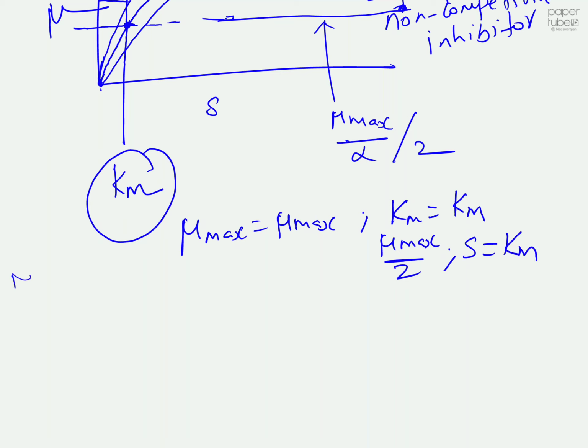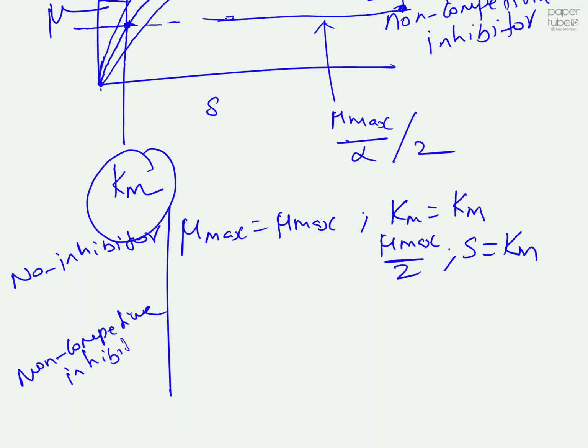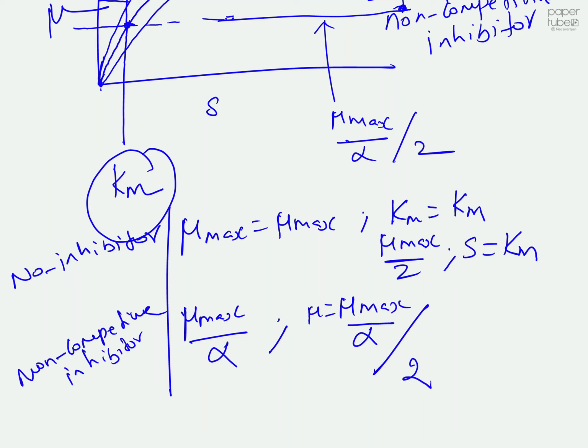So this is for no inhibitor. But when you have a non-competitive inhibitor, your maximum initial velocity will be equal to mu max by alpha, and your initial velocity will be equal to mu max by alpha by 2, which is exactly half of this value when S is equal to Km.